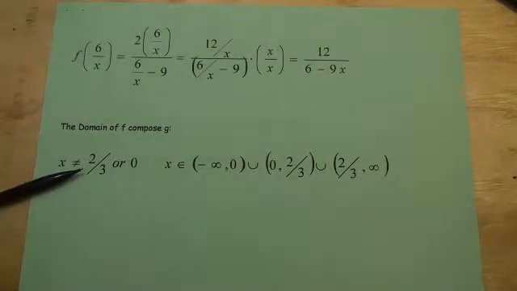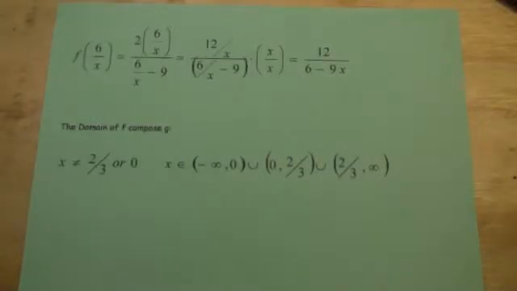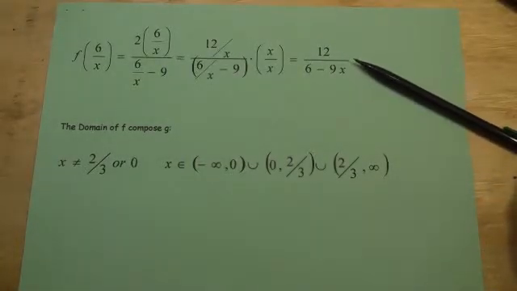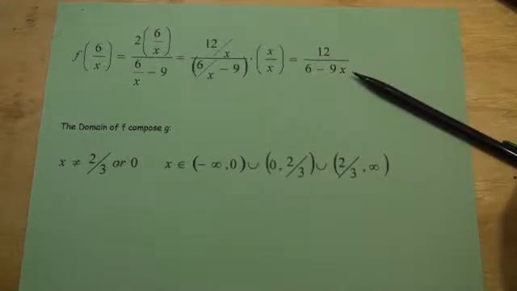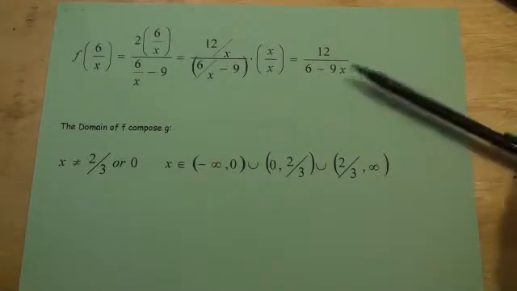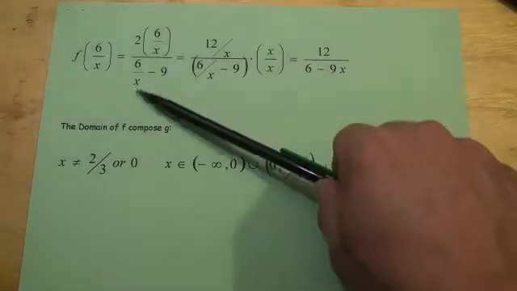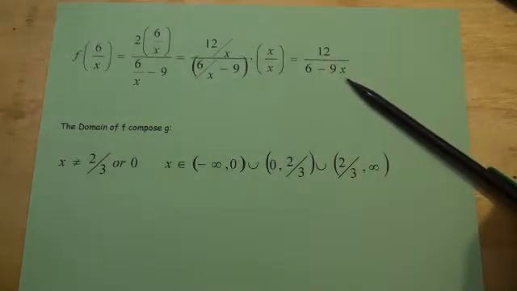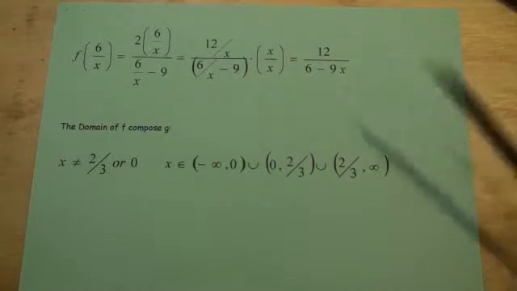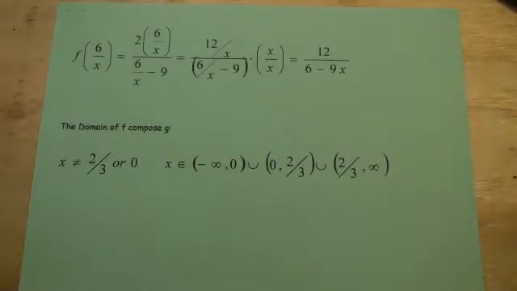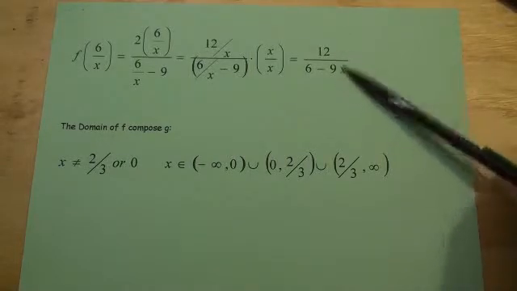x cannot be 2/3, but x also cannot be 0. Not because of this. x can certainly be 0 here within this fraction. But you see, in order to get to this step, everything prior to that needs to have been something that's allowable, okay? x cannot be 2/3 because that would cause us to be undefined.